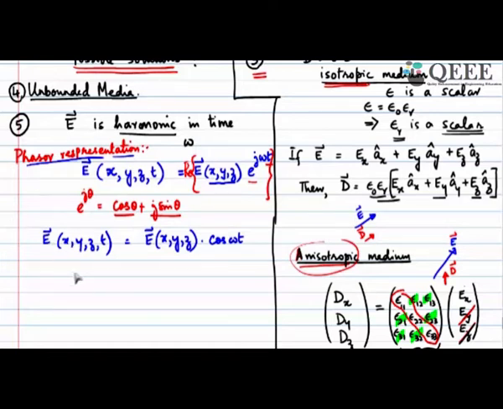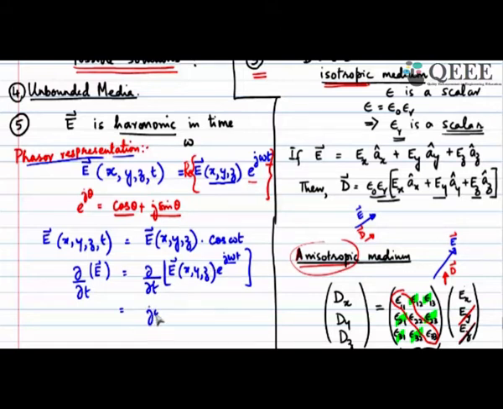but I will use this phasor representation simply because when I use this phasor representation, del by del t of vector E is actually del by del t of vector E of x, y, z, e power j omega t, which is, now e power j omega t, the derivative is j omega.